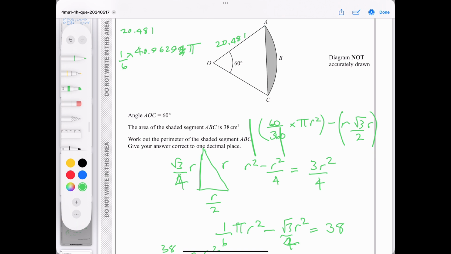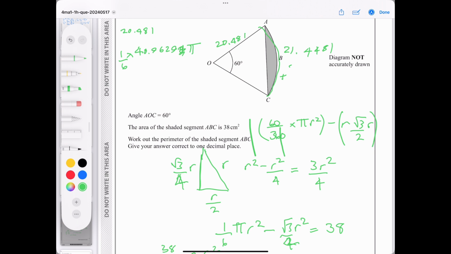And that will give us this bit there, which equals 21.4481. Now I think that this is also r.